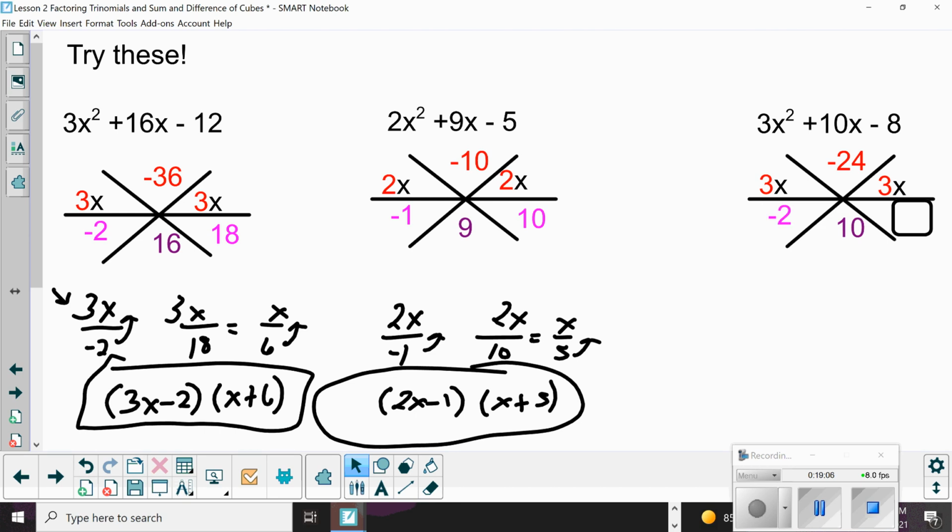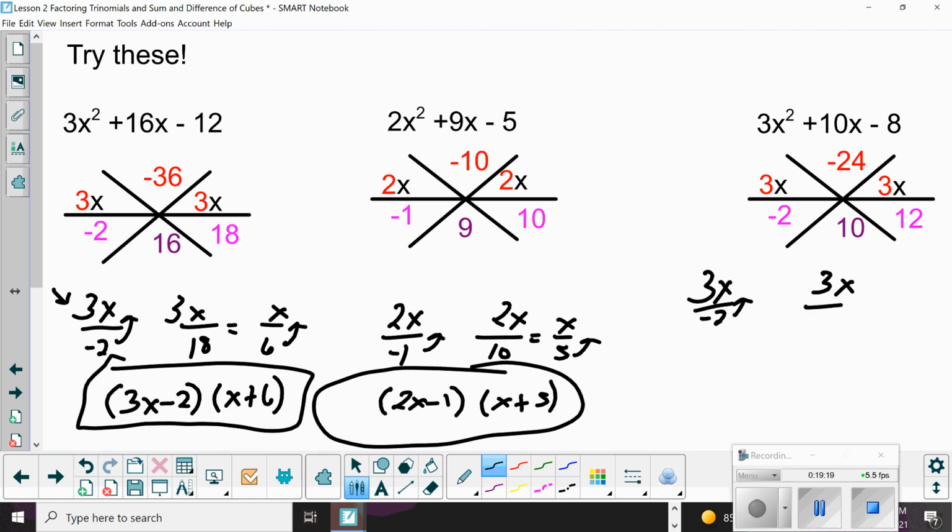Hopefully you picked out negative 2 and positive 12. So then again, you've got your 3x over negative 2. Just bottoms up. 3x over 12 is going to result in x over 4. And then we bottoms up. And here are your factors.